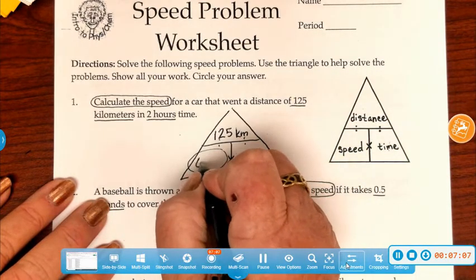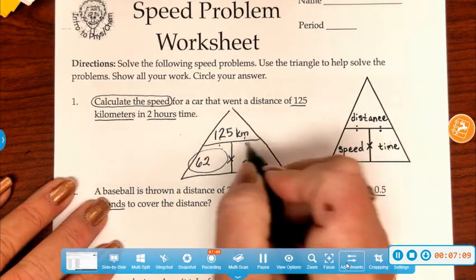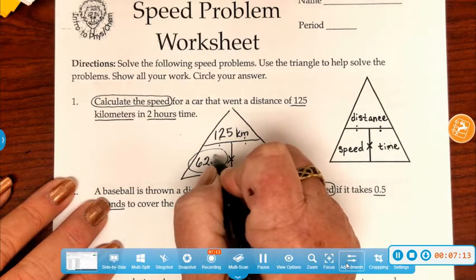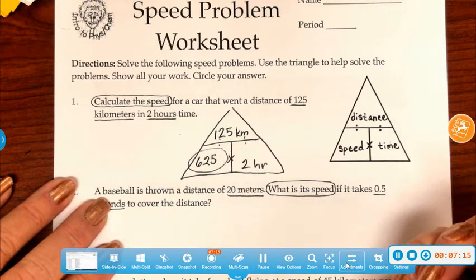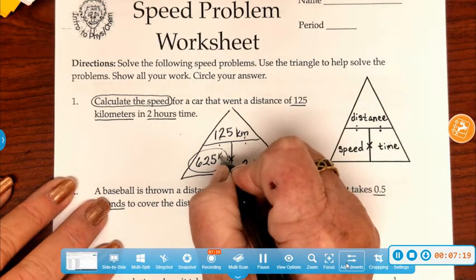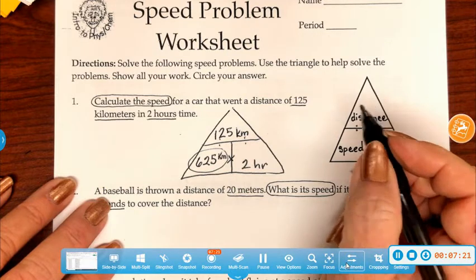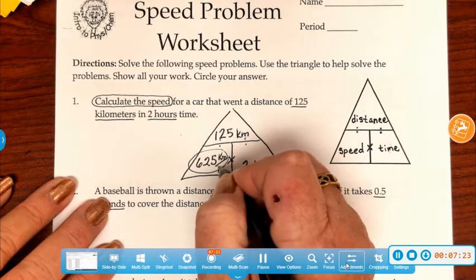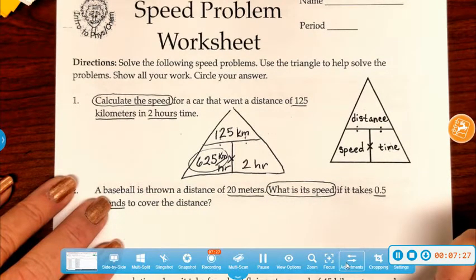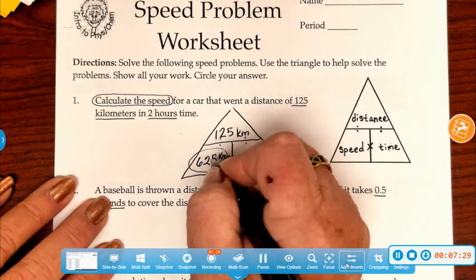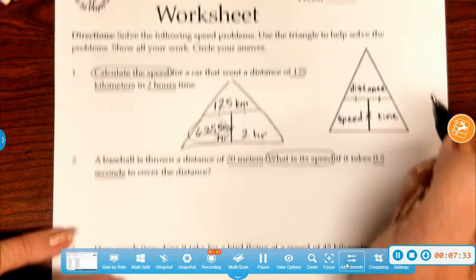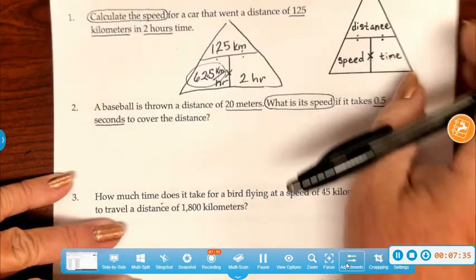So it's about 62 point what? 0.5. And what do we write on there for units? Can't forget the units. No naked numbers. Oh, that's in 2 hours. Whoops. Kilometers per hour. There's our final answer. 62.5 kilometers per hour. Let's try the next one.